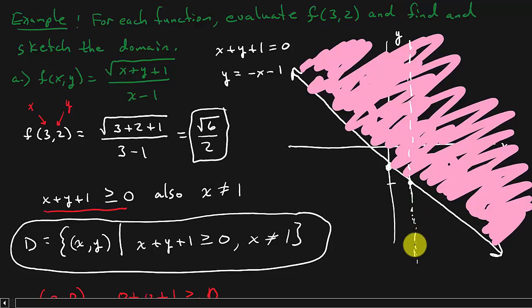Okay, so my domain is all of this shaded part, and the line is included, but I can't have any points on this vertical line here where x equals 1. Okay, and so there's the sketch of the graph.